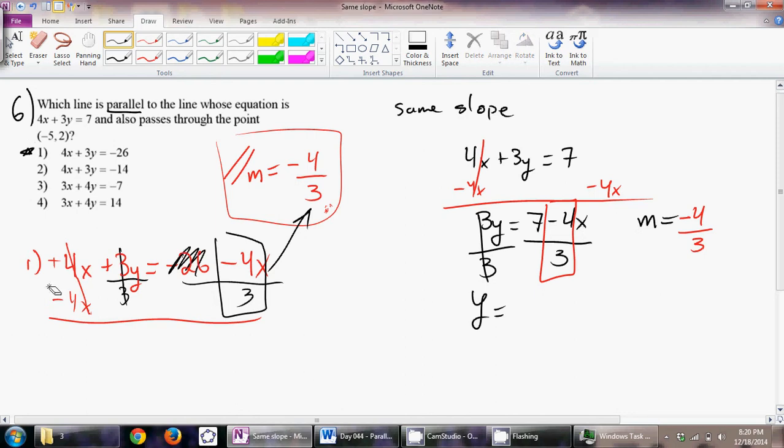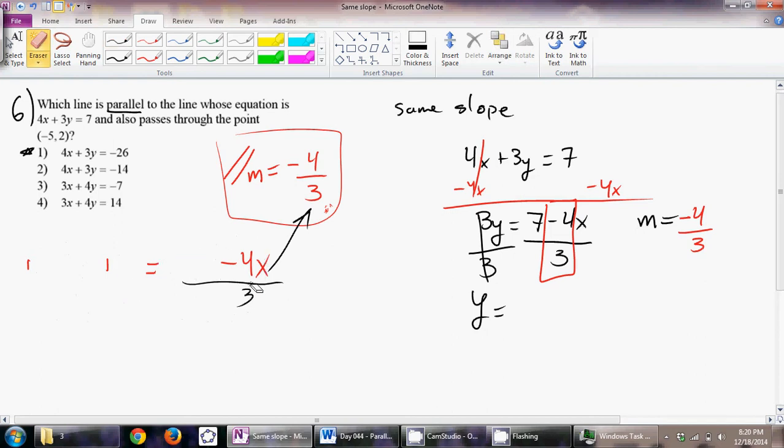And in fact, let me see if I can complete this before moving on. All right, there we go. Number 1's a possible answer because it has the same slope.